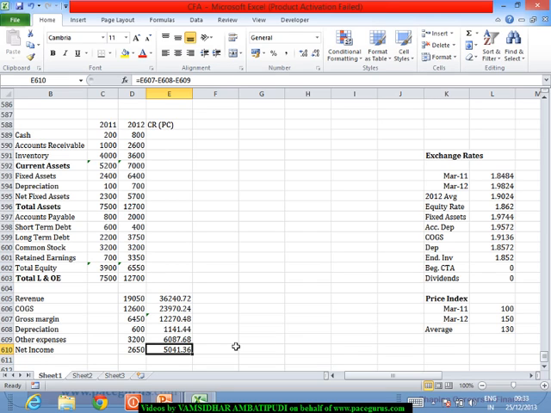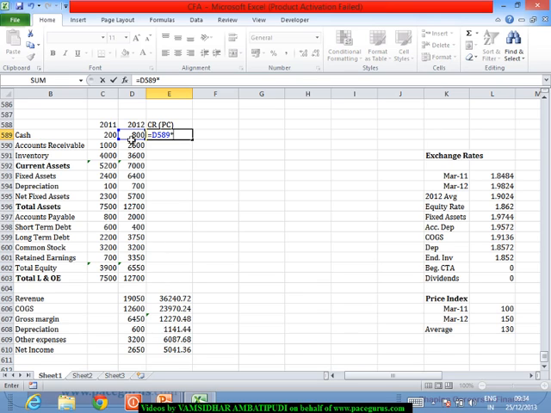Now, once we have done the entire P&L statement, straightforward work, I come to the balance sheet. In the balance sheet, I'll adjust each and every item of the balance sheet with the current rate.